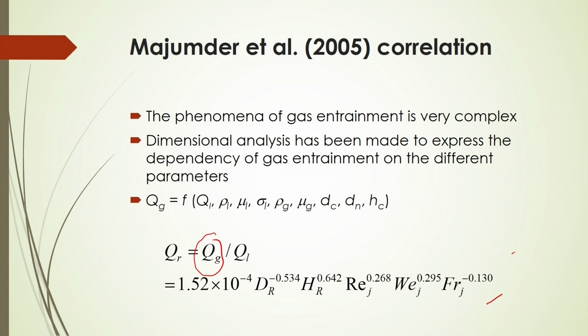Then there are other groups like DR, the nozzle diameter to column diameter, which is one important factor. If you increase the nozzle diameter to column diameter ratio, then less energy is supplied and entrainment will be less. Also ASR is important, the height of the liquid to the diameter of the nozzle, that is HC by dN. And RJ, the Reynolds number based on the jet velocity, is another group.